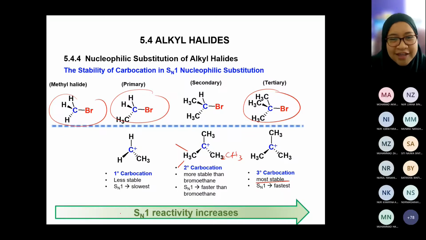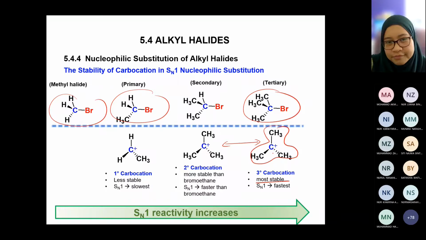Kenapa macam ni? Pelik tak tengok ni? Kenapa ni sama? Tengok ni. Ini tertiary betul. This is tertiary, correct. But this is also tertiary.